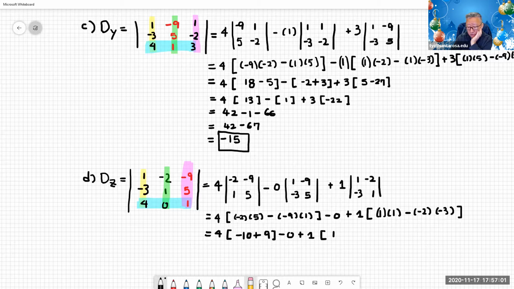You got minus 2 times minus 3, you get positive 6, but you got minus in front of it, so you got minus 6 there. So that means we got 4 times minus 1 plus minus 5. So I have a minus 4 minus 5. So that would be minus 9.